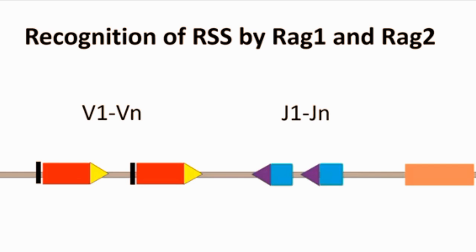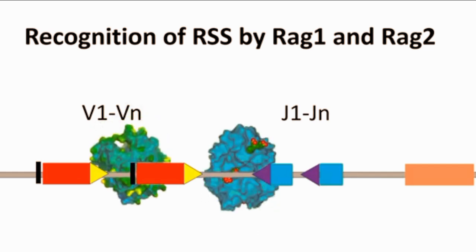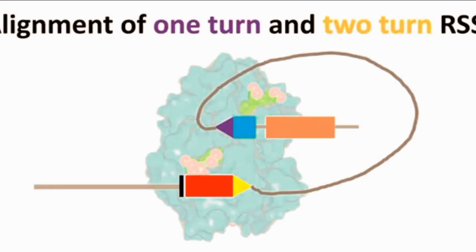Let's take a simple example of light chain gene segments where we have V and J. Here our recombination associated proteins RAG1 and RAG2 are recognizing the signal sequences. After that, these enzymes use a DNA looping mechanism by which this 1-turn and 2-turn RSS are paired inside the active site of these enzymes.